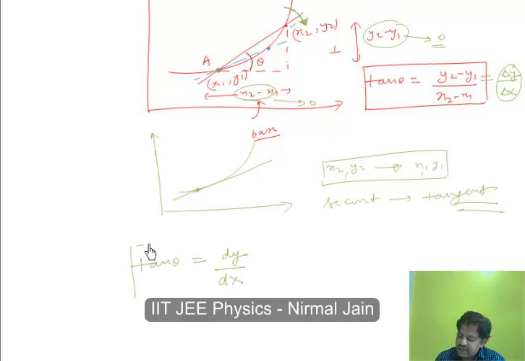So you must have understood that as soon as x2 tends to reach this point x1, the secant, whose slope is this, gets converted to the tangent.